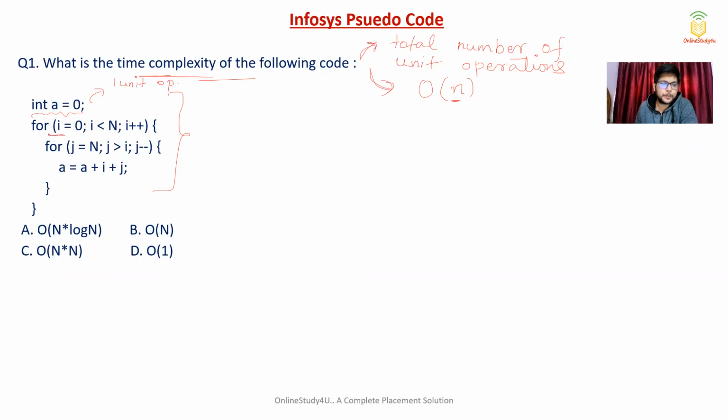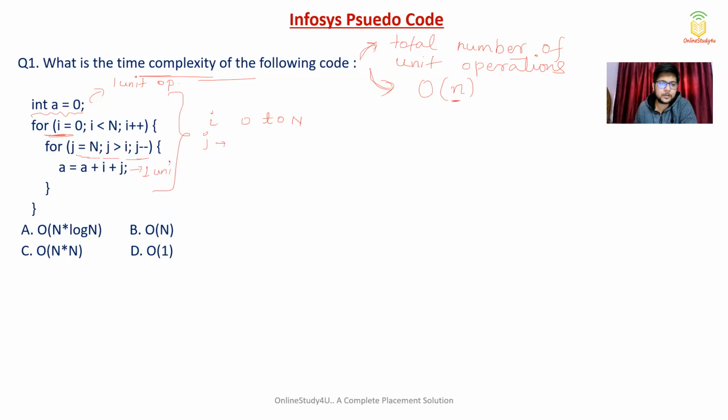Now my I loop is from 0 to n, and for every I, my j runs some number of times. For every iteration of j, there is 1 unit operation.